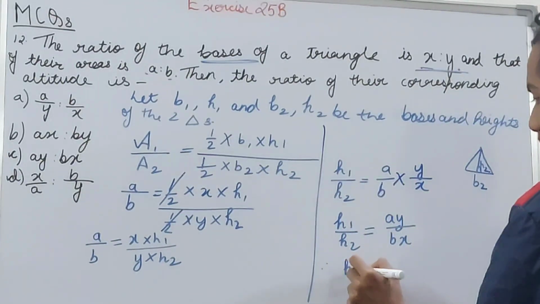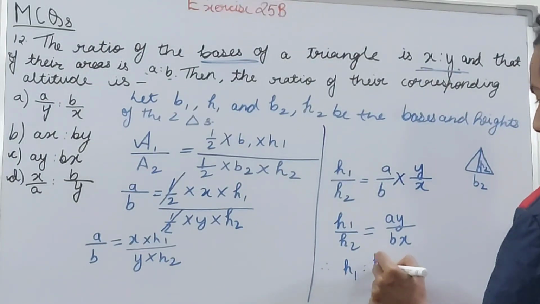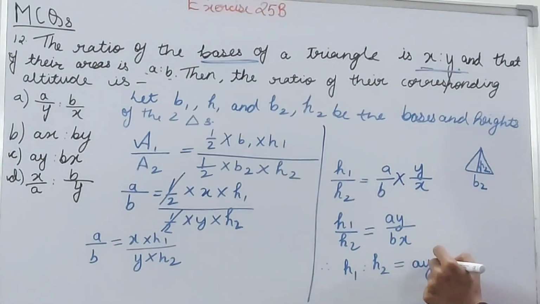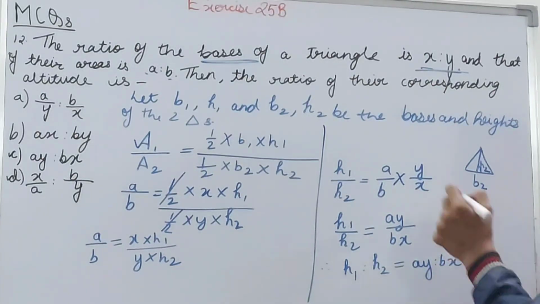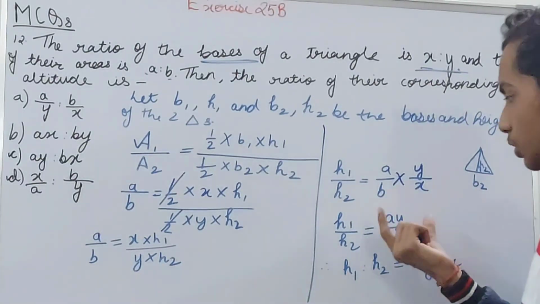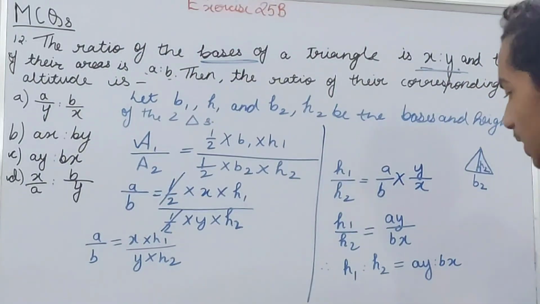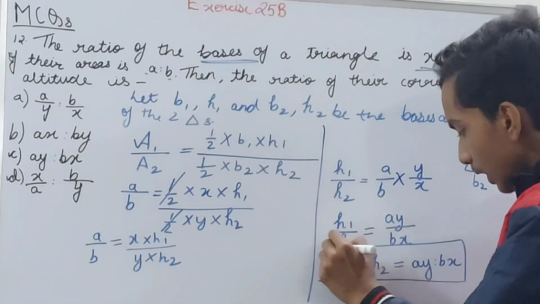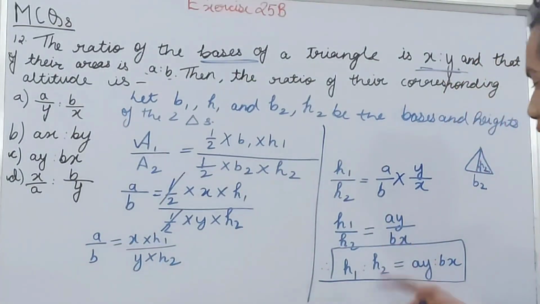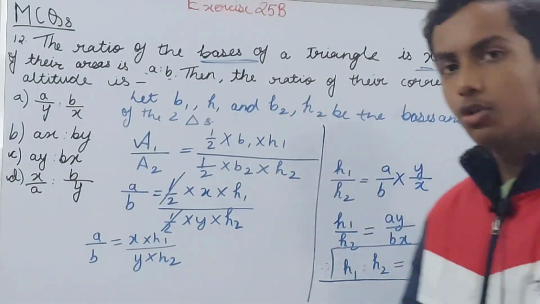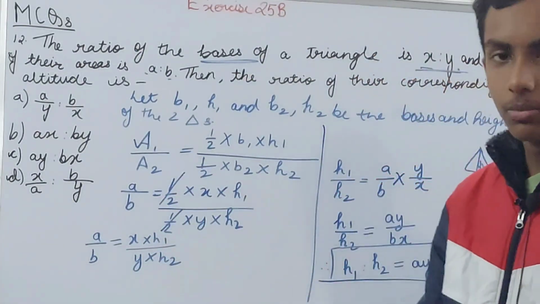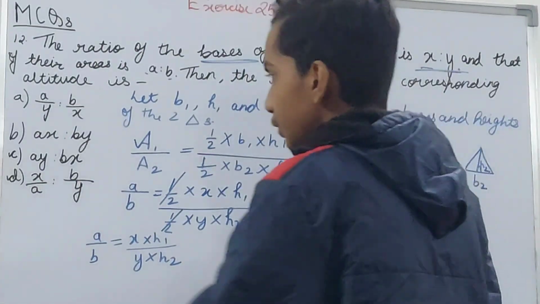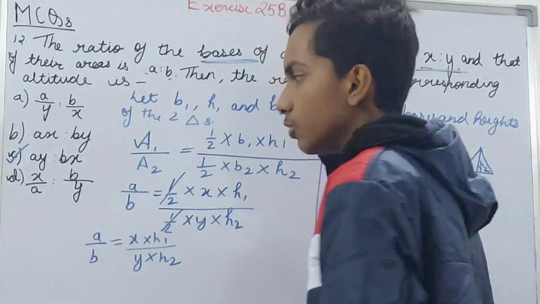Therefore h1 is to h2 is equal to ay is to bx. So this is how we have solved this, and the ratio of their heights is h1 is to h2 equals ay is to bx. Here you can see in these options, option C is ay is to bx, so take that.